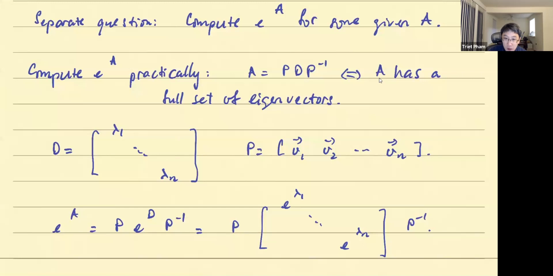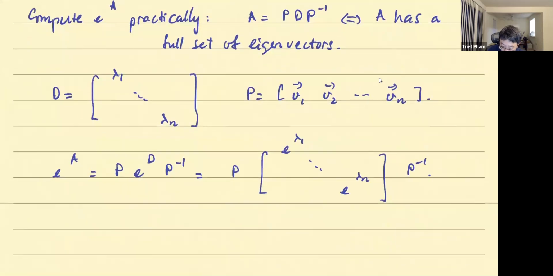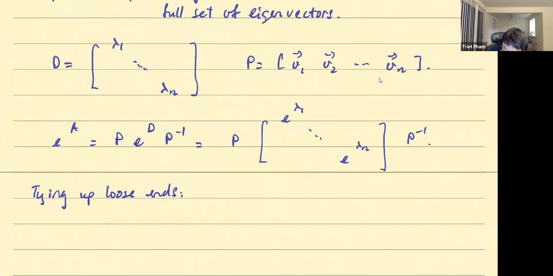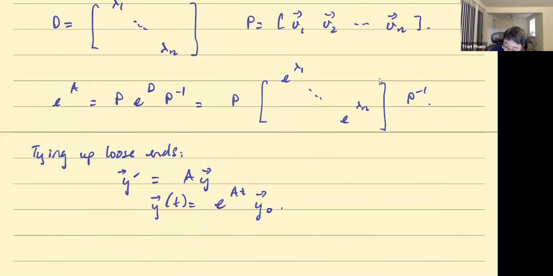Okay. So, tying up loose ends. First, I want to show you that this system indeed has solution y of t equal to e to At y0. So what do we need to check?